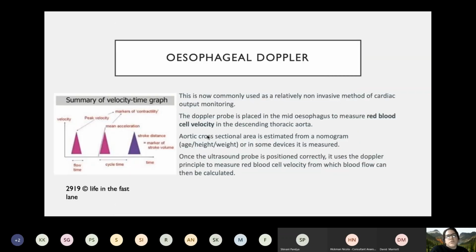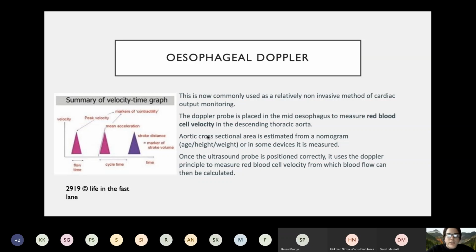One of the applications for this is the esophageal Doppler. There have been exam questions about this, and there's quite a nice article about it in Life in the Fast Lane if you want to read a bit more about it. Esophageal Doppler is used, they call it relatively non-invasive, but it is a probe inside the esophagus, as a method of cardiac output monitoring. The Doppler probe is in the mid-esophagus, and it's angled to measure red blood cell velocity in the descending thoracic aorta.